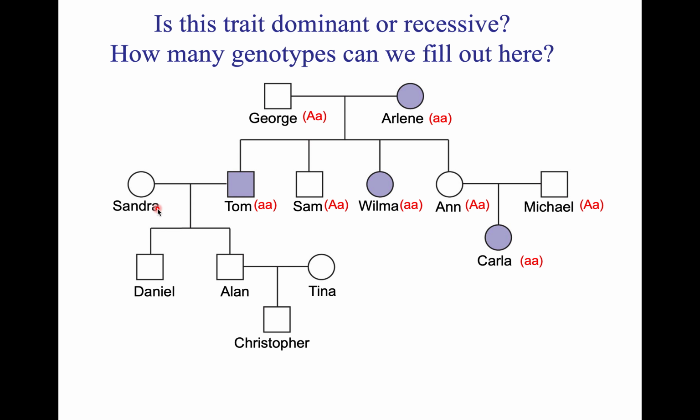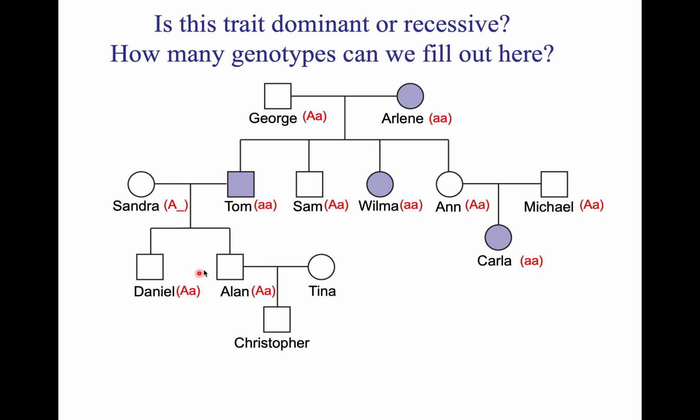So that means, and we know Sandra doesn't have the trait, so she has to have at least one big A allele, one dominant. But we don't really know, she could be homozygous dominant big A, but she could also be heterozygous. That's just not really clear. And when you can't say for sure, a lot of times that second allele will just be represented by an underscore like this.